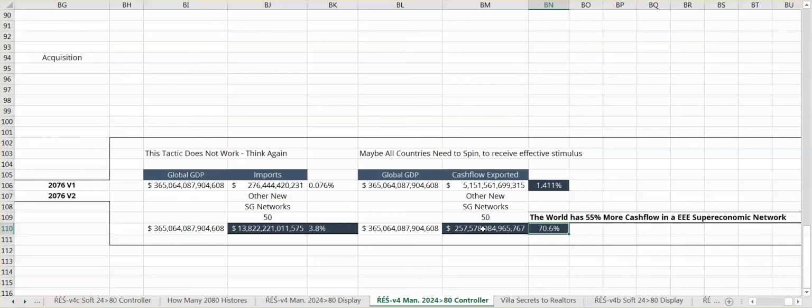A 70% increase in cash flow can just take away any recession. If you've got 70% of the world's GDP, that's a lot. You can really do something, but other countries need to be running RES for it to do that. If they're not running RES, it's going to do nothing. Okay, so that's something for the economists to chew over.